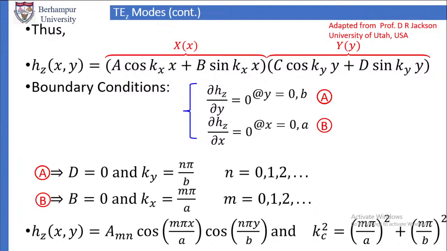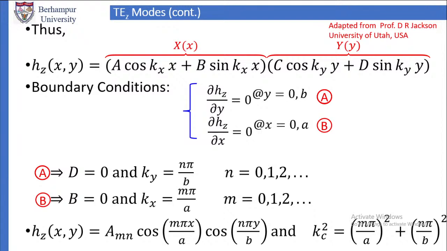Similarly, using similar reasoning, from the boundary condition ∂Hz/∂x is equal to 0, which means ∂X/∂x is equal to 0. The derivative of A cos kx x is always 0 when x is equal to 0, since that is sin kx x. So at x is equal to 0, that is 0.